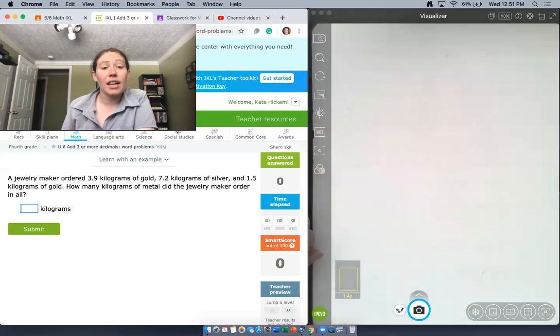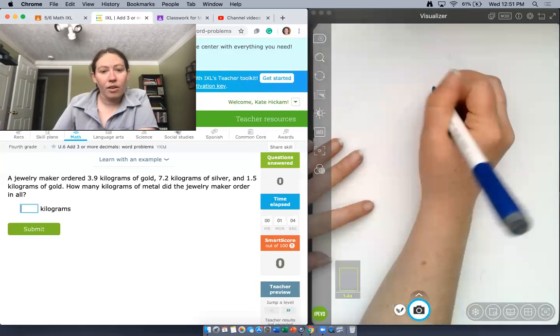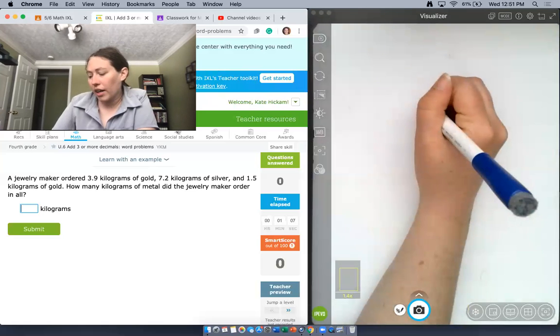The first is that it asks how many kilograms of metal, not gold, silver, or gold. Weird that they have gold twice, but also that it asks in all. So those are two clues that tell us it is a question of adding.